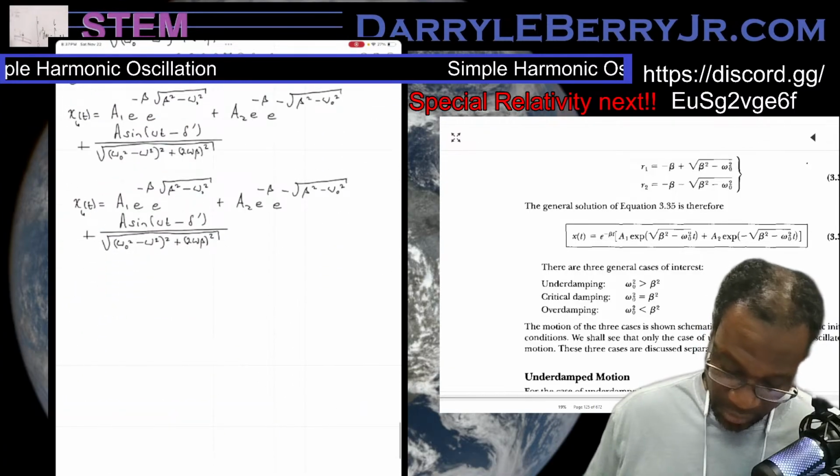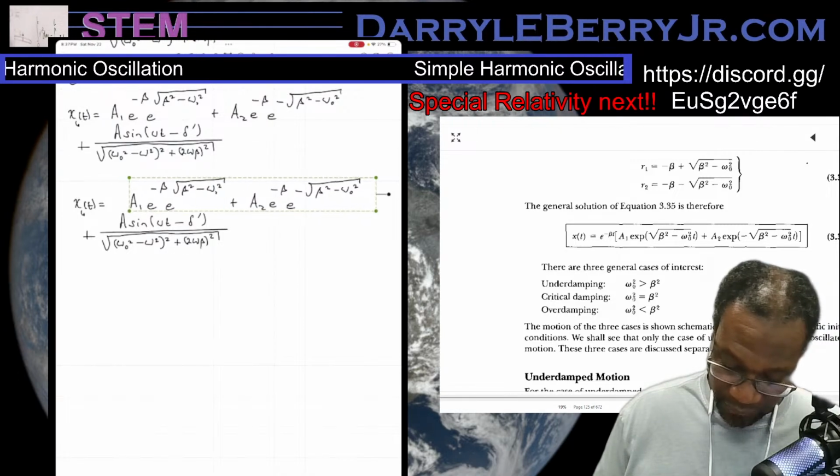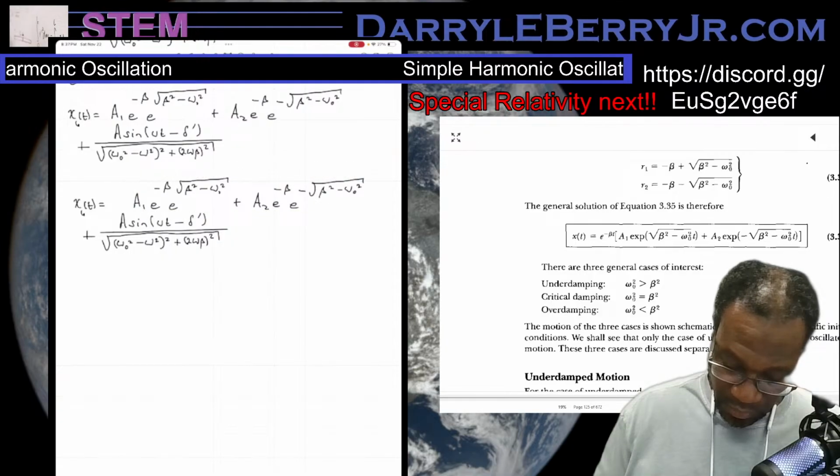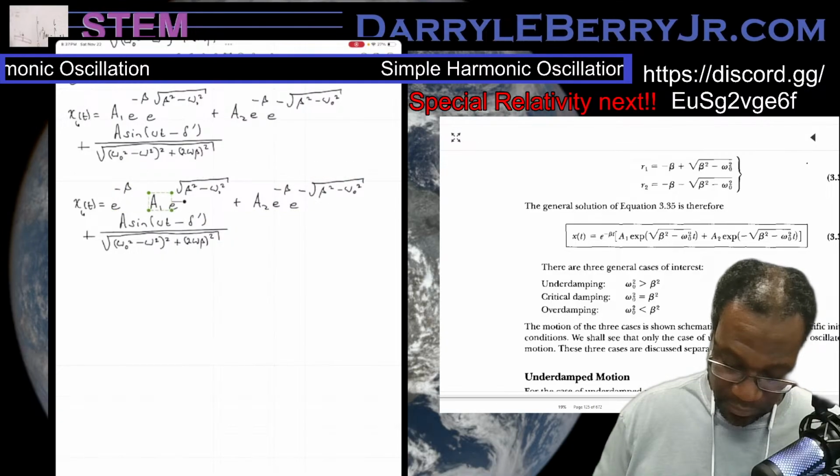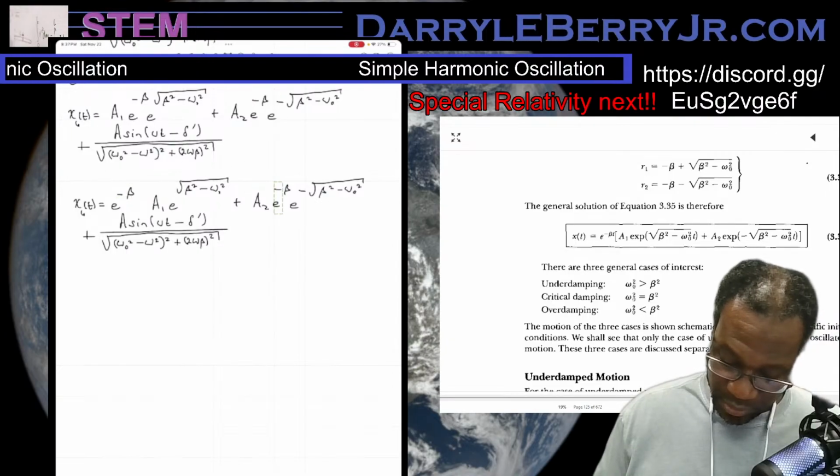So what I'll do is extract out the e to the negative beta power. I'll just put this one in the front right here. It means this one is going to be factored out. Let's delete it.